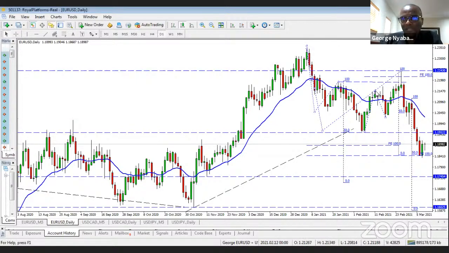Leg one of the pullback, that leg has its own pullback. And how far is this pullback likely to go? If you had marked the breakout beneath that, and you'd marked where your pullback is likely to get, then the market turns there, you are more assured of taking a trade because you've seen your two-legged move, leg one, pullback, leg two taking place there.